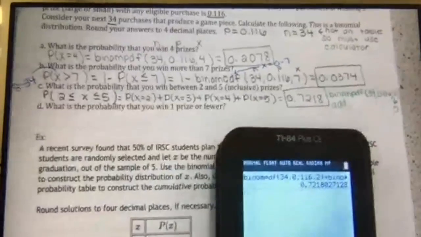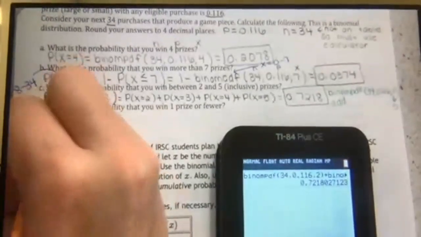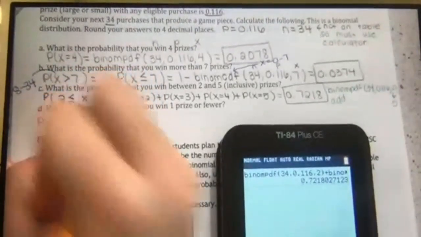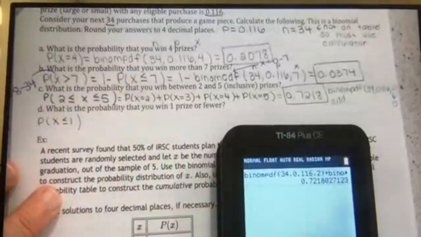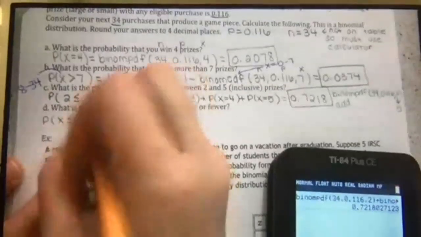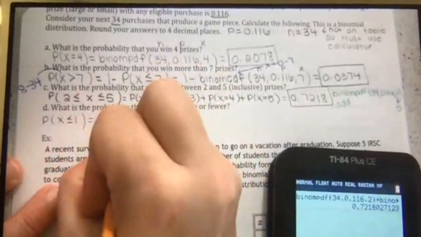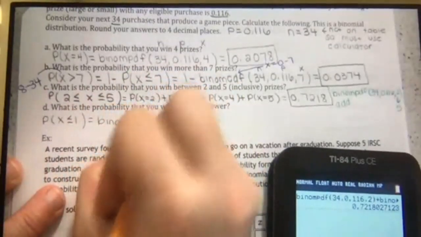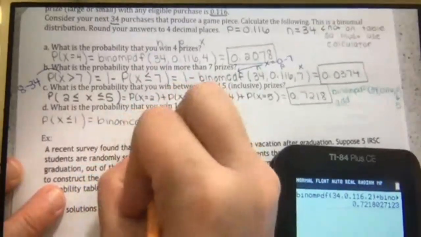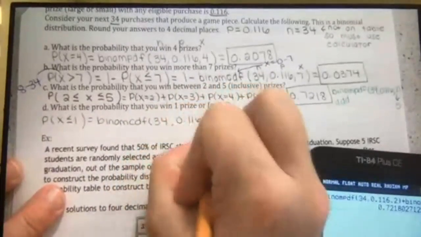Last one, what's the probability that you win one or fewer prizes? So probability that X is less than or equal to 1, so 1 or less. So 1 or less, that means we can use our CDF. So binom CDF. 34 trials, P is 0.116, and our X value is 1.